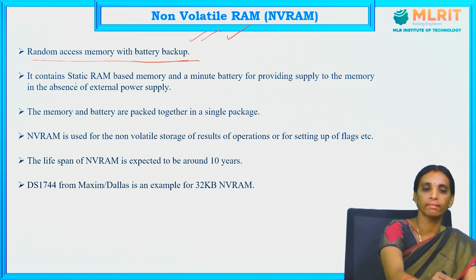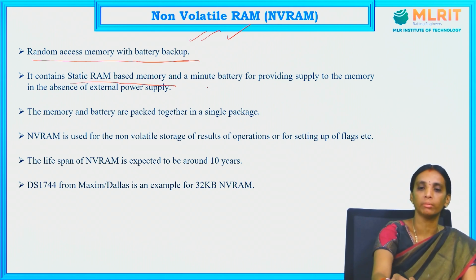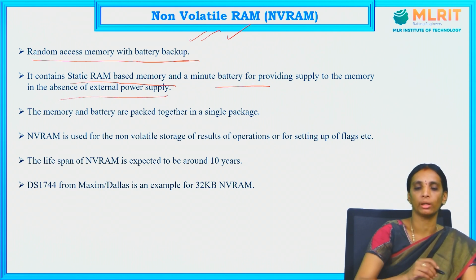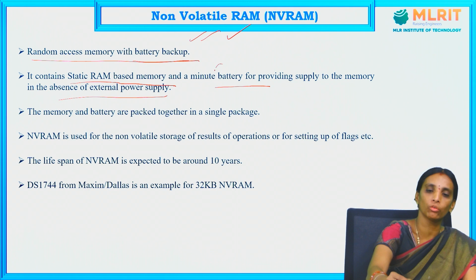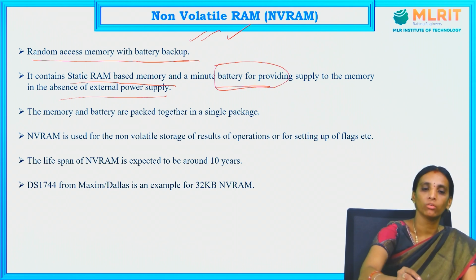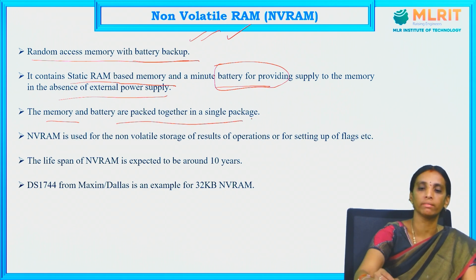It contains static RAM based memory and a minute battery for providing supply to the memory in the absence of external power supply. We can use a battery for providing backup to the RAM, to save the contents present in that memory during power off. The memory and the battery are packaged together in a single package.